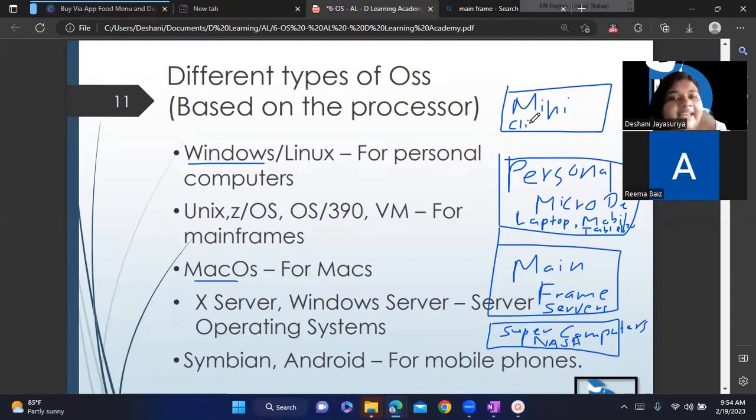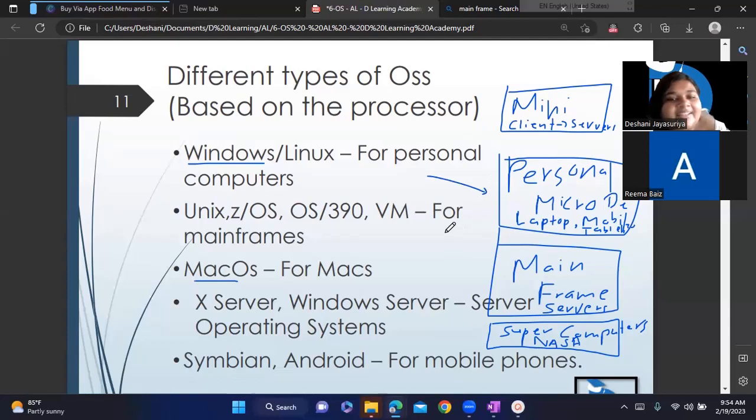You have clients and you have a server, and you can use the client computer to connect to the server. That kind of computer is considered a minicomputer. I wrote it here itself because you have the names of it here. You can identify that these are personal computers.